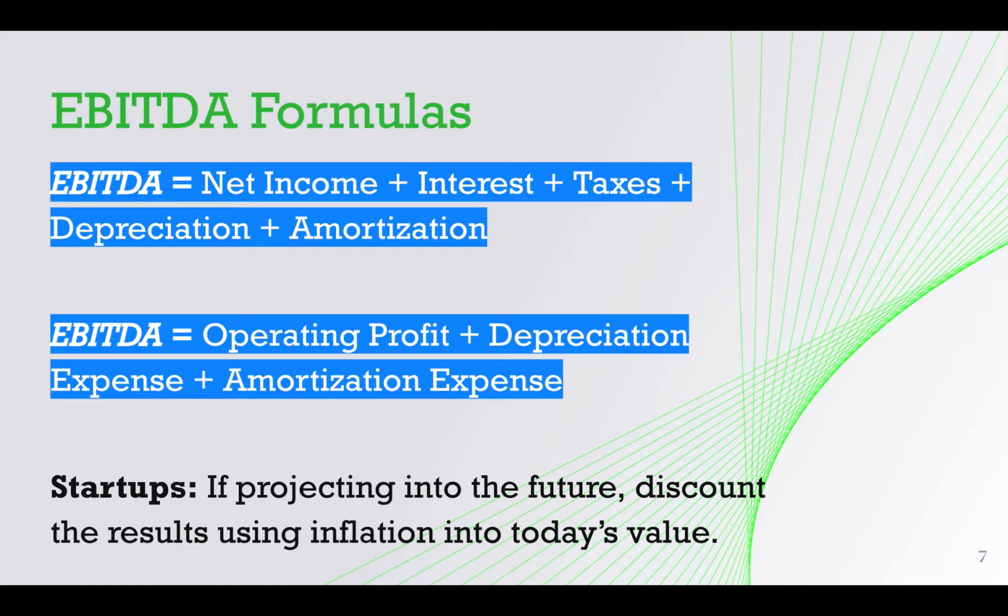Or you could look in the financial statements under the statement of operations and find the operating profit, then add the depreciation expense, and then the amortization expense if there is one. Now, startups sometimes try to project 3 to 5 years into the future, so it's important to discount the results back to the present day using inflation so that you get today's value, even if you're projecting 3 to 5 years down the road.